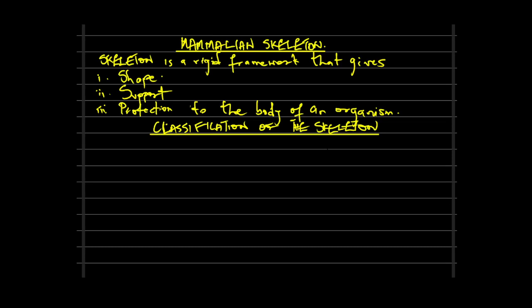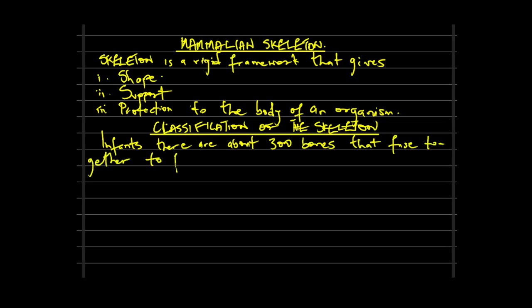So what we're saying in essence is that in infants there are about 300 bones that fuse together to form an average of 206 bones in the adult human.